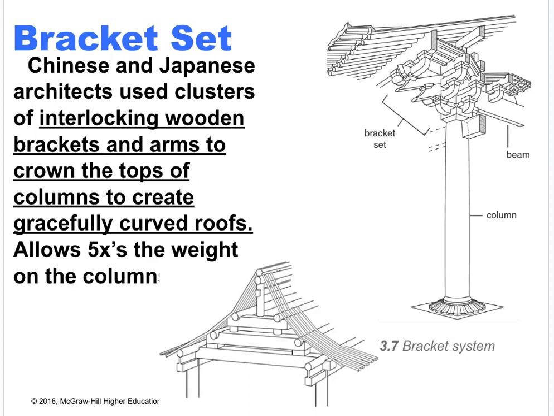Allow 5 times the weight on the column. Why is that? How is it allowing 5 times the weight on the column? Can you think in an engineering way or in a physics way why that would be? Well, the answer is that it's spreading the weight out.